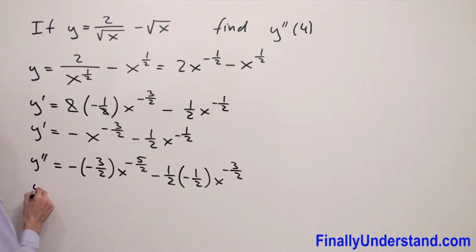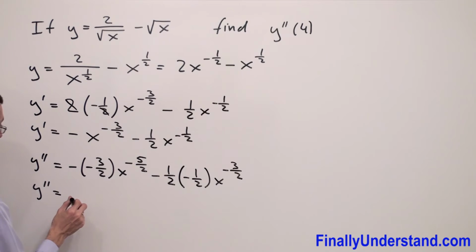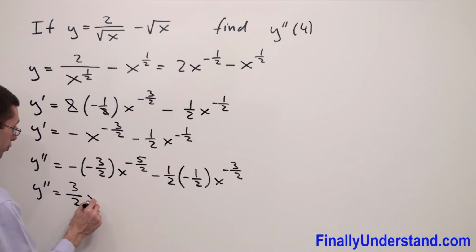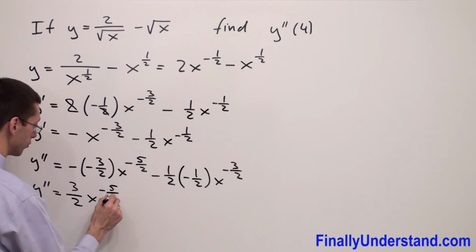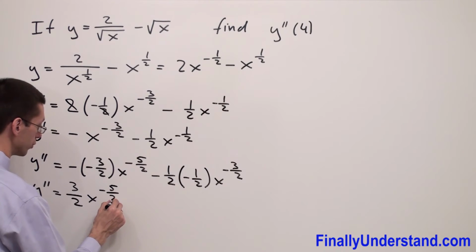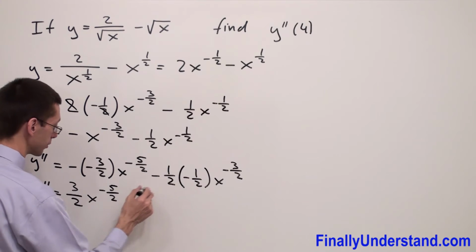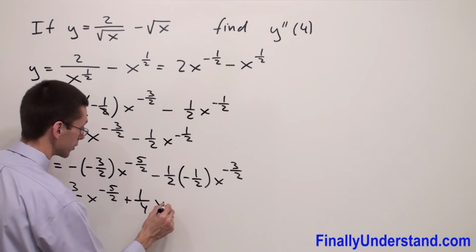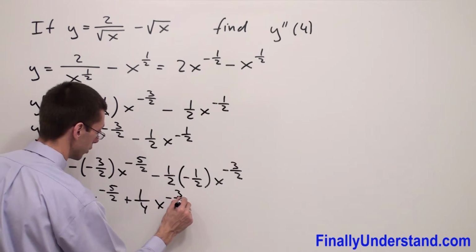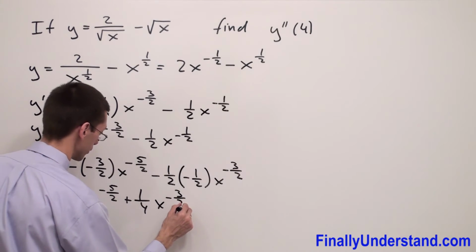So the second derivative is equal to negative times negative gives me positive 3 over 2 x to the negative 5 over 2, and negative times negative gives me positive 1 over 4 x to the negative 3 over 2.